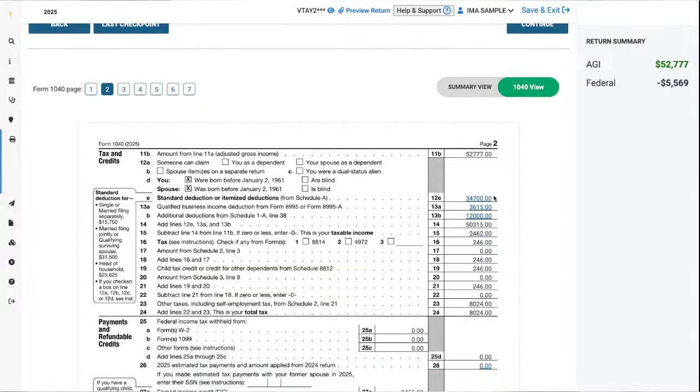But the more important thing is that with this standard deduction here, we know that this amount minus this amount, minus all of these, will leave us with this as our taxable income amount. And with this as our taxable income amount, wow, is this really right?